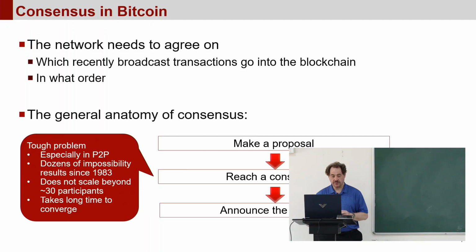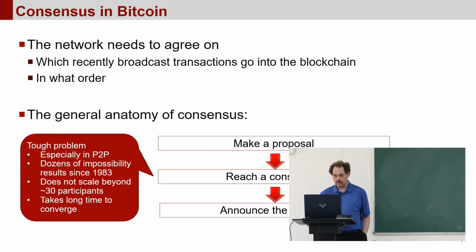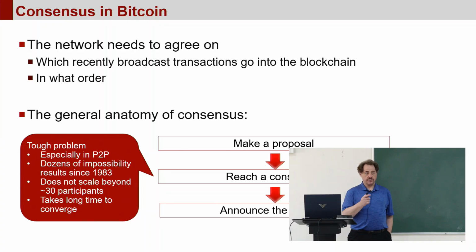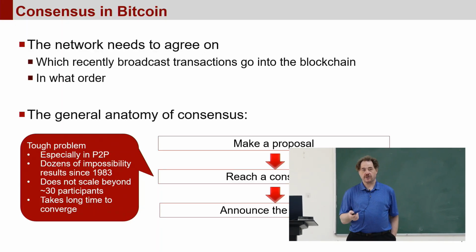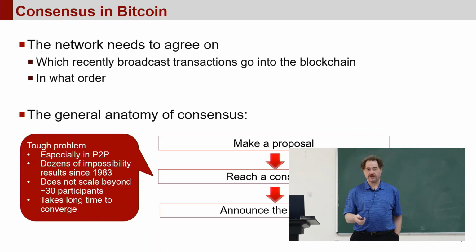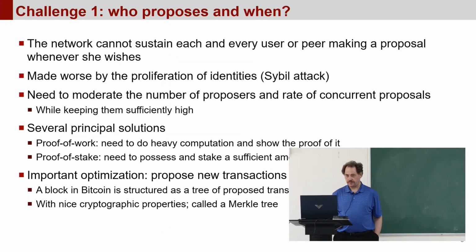There are dozens of impossibility results since 1983. It doesn't scale well beyond the order of 30 participants, right? And it takes a long time to converge, so everyone would converge to the same decision. So that's not good news, right? And yet, I would say that Bitcoin was the first practical system that manages to reach consensus on a large scale. So let's see how it does it.